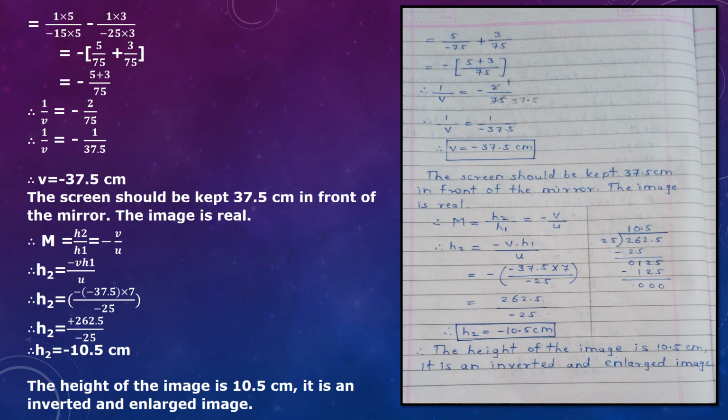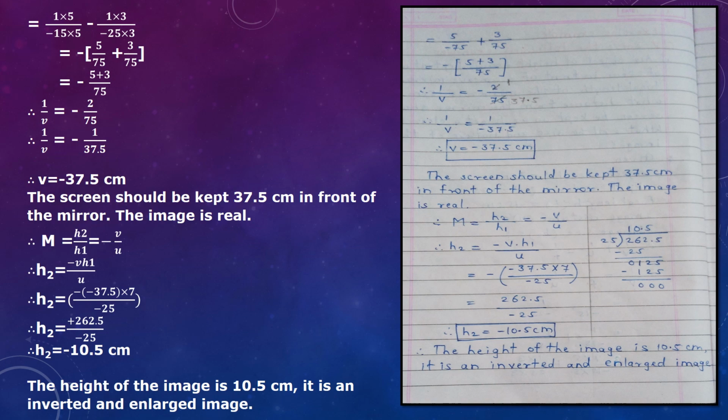So negative square bracket 5 upon 75 plus 3 upon 75, then we will get negative 5 plus 3 upon 75. Here negative 5 plus 3 comes negative 2 upon 75, because 5 minus 3 will come 2 and it will be negative sign. So negative 2 upon 75.